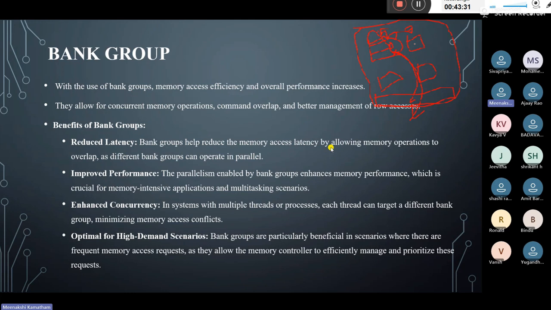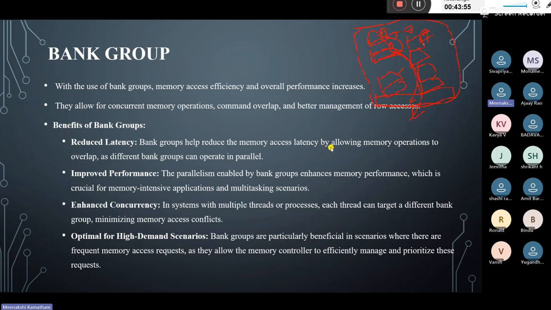The main thing is to access two banks at a time. For example, with bank groups we have individual buffers: 4 banks, 4 IO buffers. I need to select row 3 in one bank and row 9 in another bank.